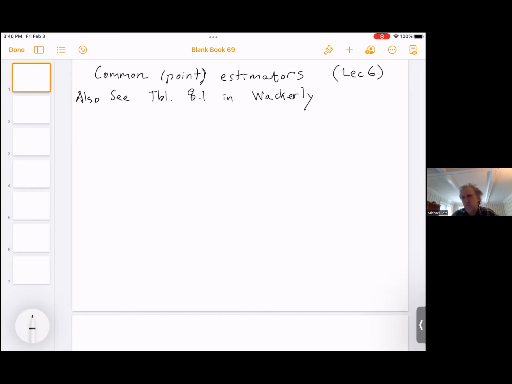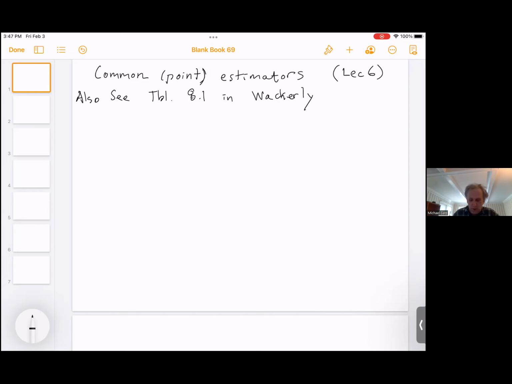There are 4 rows in that table, giving you 4 situations where you want to estimate something, along with some real obvious estimators that might be good for those conditions. We'll later see, when we build up the theory a little bit, that these are in fact very good or the best estimators.